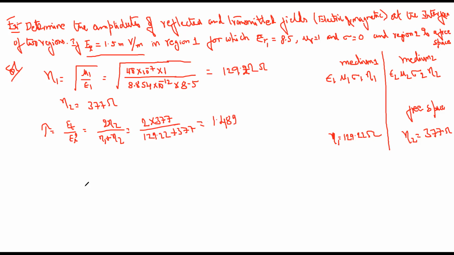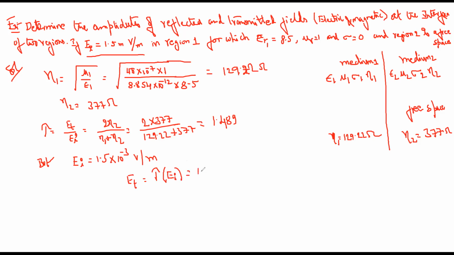But they have given EI. What is the EI they have given? EI is equal to 1.5 milli, meaning 10 to the power of minus 3 volts per meter. Now what is ET? The amplitude of ET is equal to the transmission coefficient tau into EI.